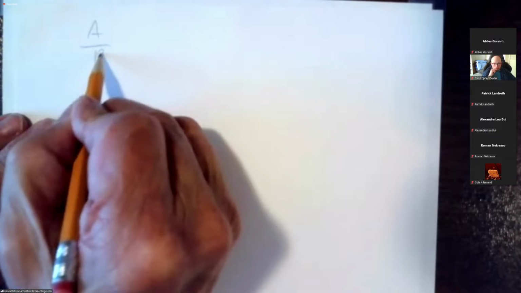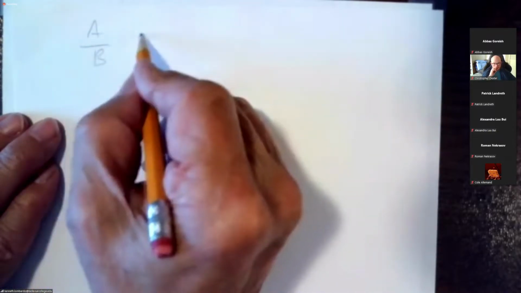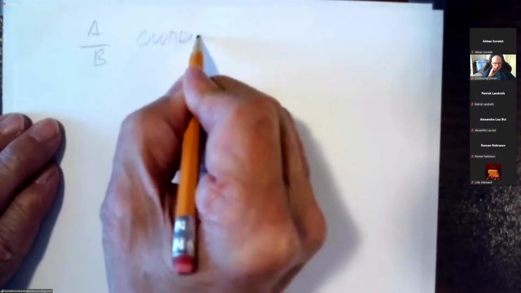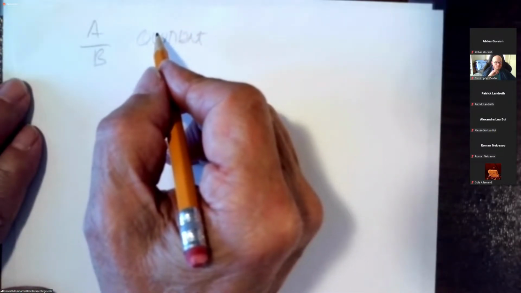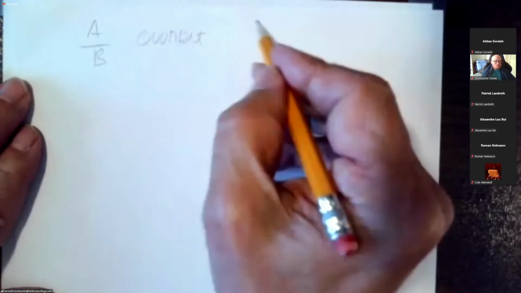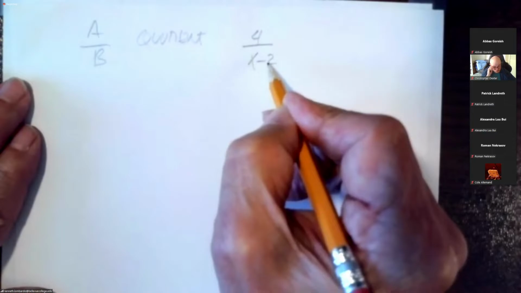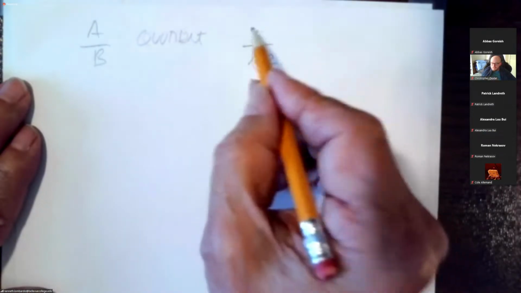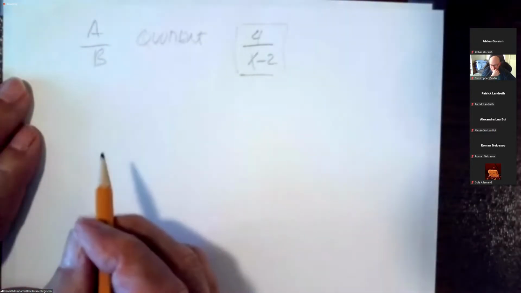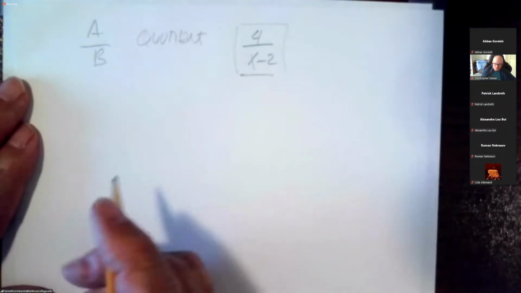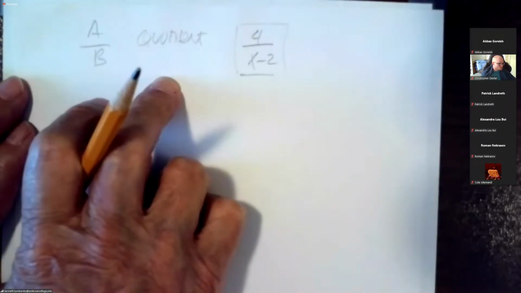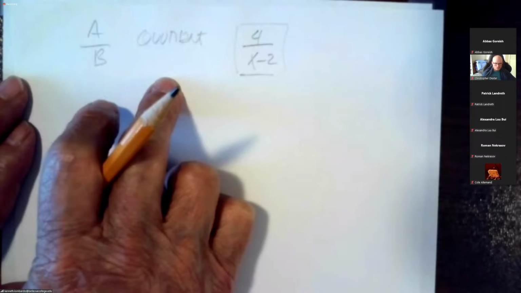The first thing we want to talk about is what exactly a rational expression is. A rational expression is something that looks like A divided by B. Okay, it's a quotient. So if, for instance, I have 4 over x minus 2, and that's my rational expression, if we were to go through a series of operations and then say, here's my solution, are there any values that need to be excluded?